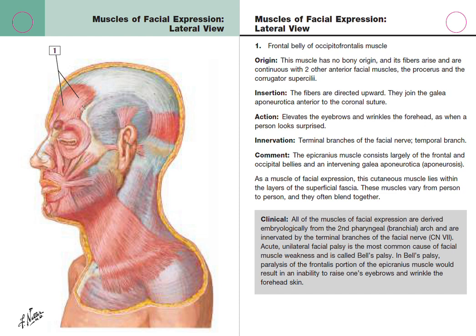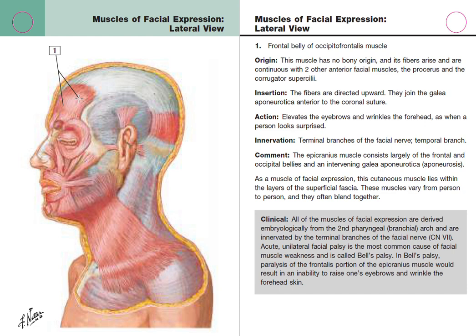The occipitofrontalis muscle elevates the eyebrows and wrinkles the forehead, as when a person looks surprised. The occipitofrontalis muscle is innervated by terminal branches of the facial nerve, again cranial nerve 7, and the temporal branch of the facial nerve. The epicranius muscle consists largely of the frontal and the occipital bellies and an intervening Galea aponeurotica.